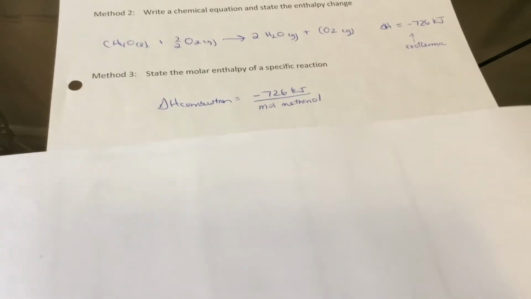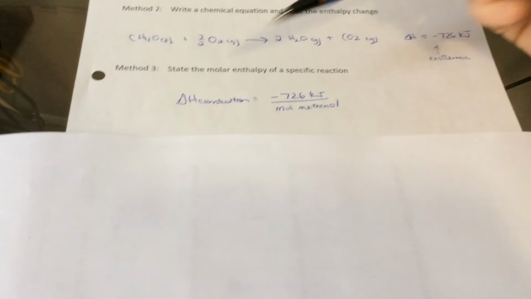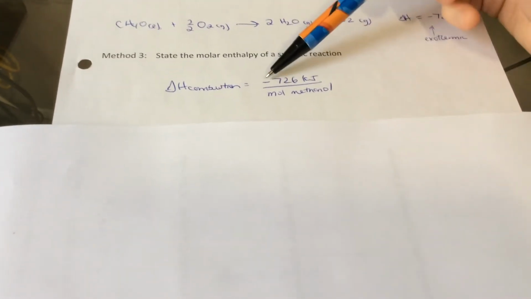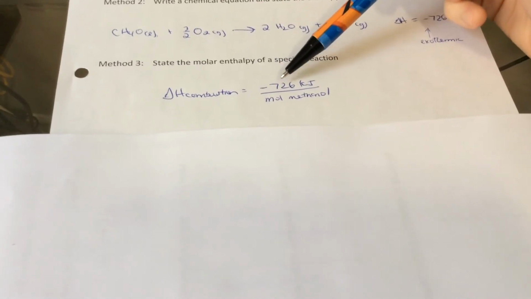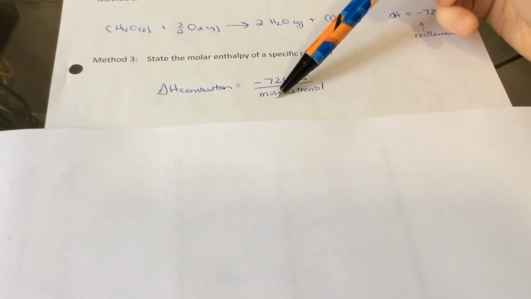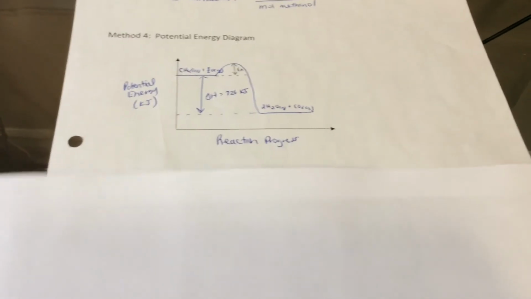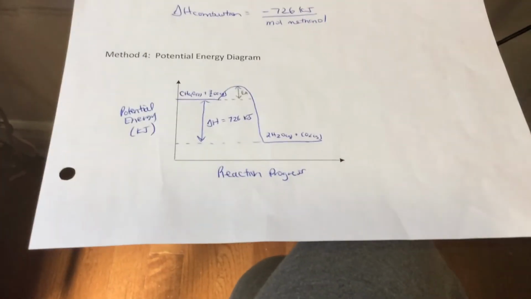Another way is to state all the information. Delta H combustion tells us it's a combustion reaction. It's exothermic, 726 kilojoules. Now this is where we do need to emphasize that's per mole of methanol combusting.